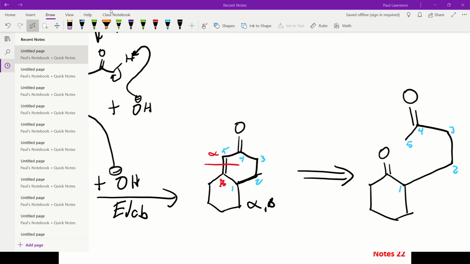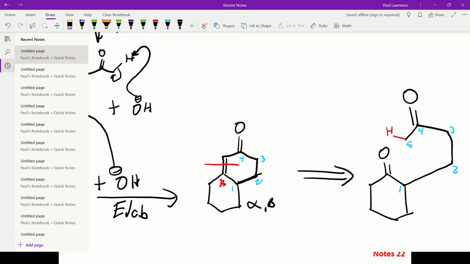And for the alpha carbon that got broken off, you are going to add one extra hydrogen, because that carbon needs to have 4 bonds. Carbon 5 needs 4 bonds. So let me take that back.